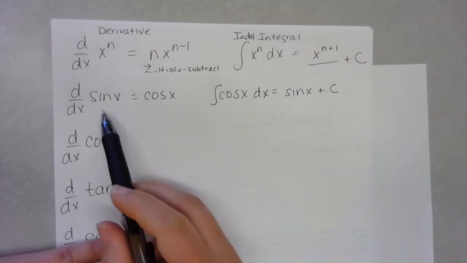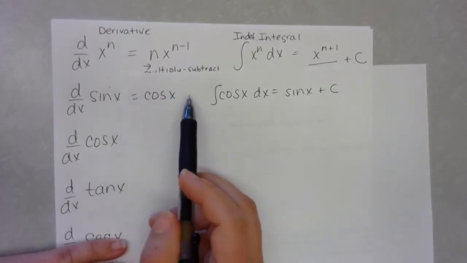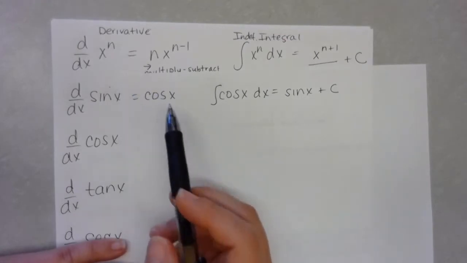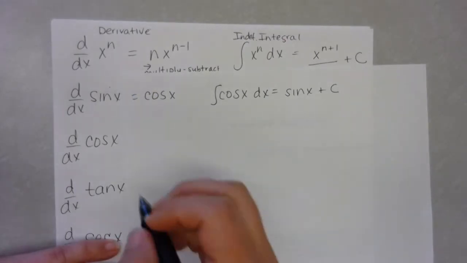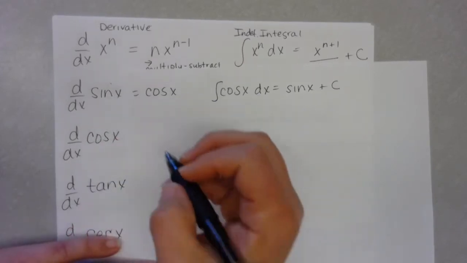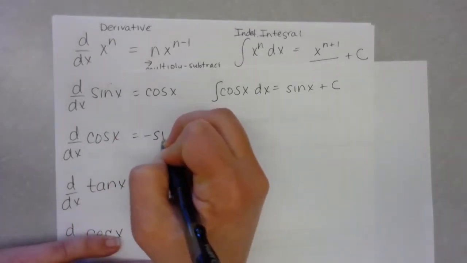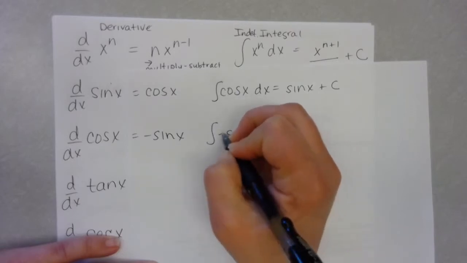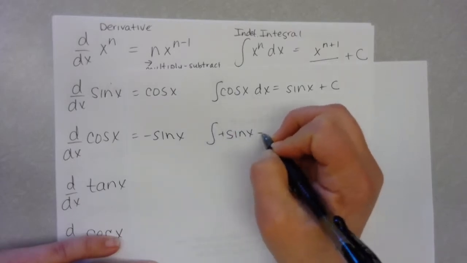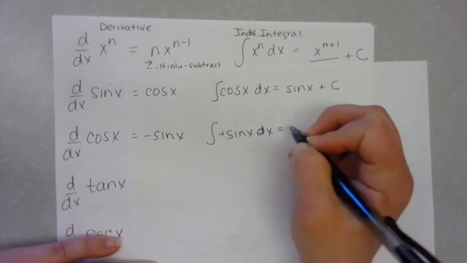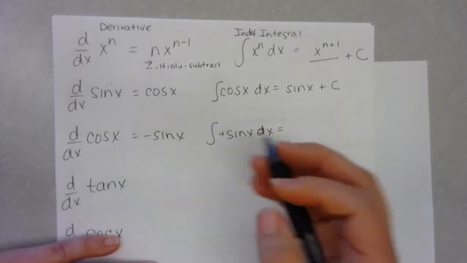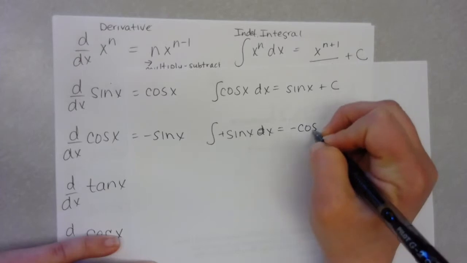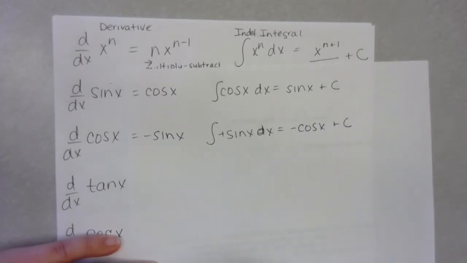So anything we know the derivative of, we basically can find the antiderivative of its derivative, okay? So the derivative of cosine of x is negative sine of x. So that means that the antiderivative of negative, actually I'll put positive sine of x here, dx, is equal to, these have opposite signs, so this is negative cosine of x plus c.